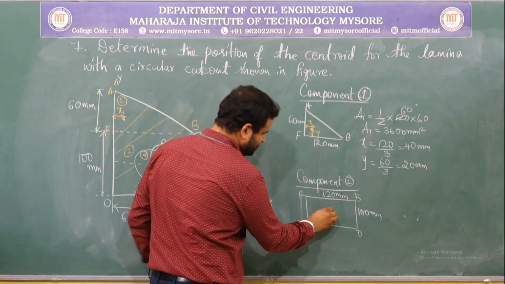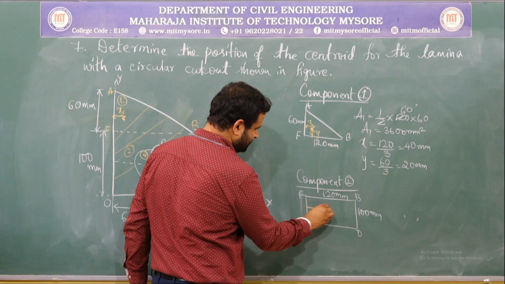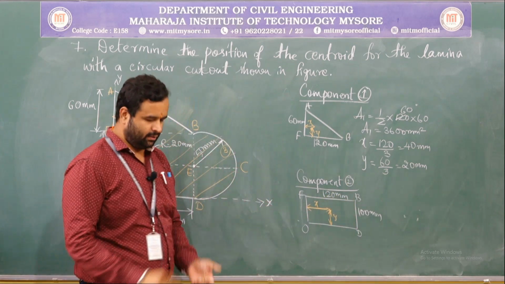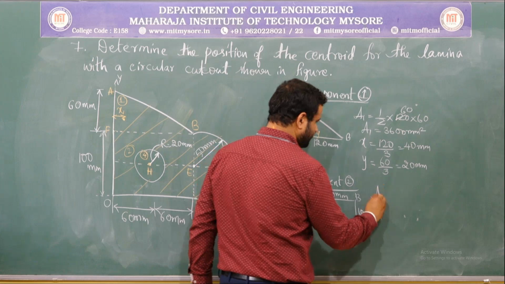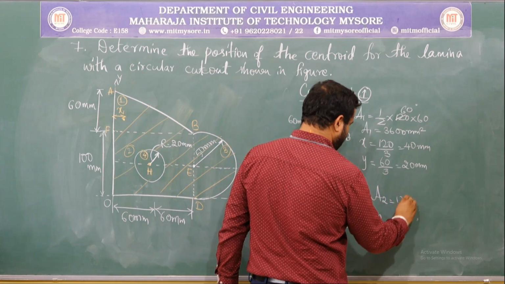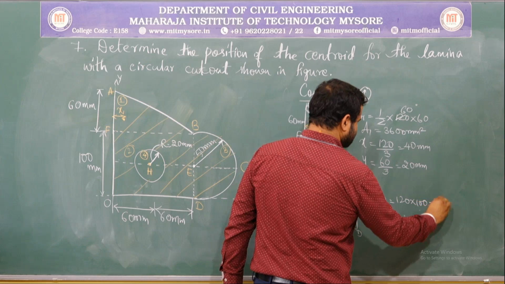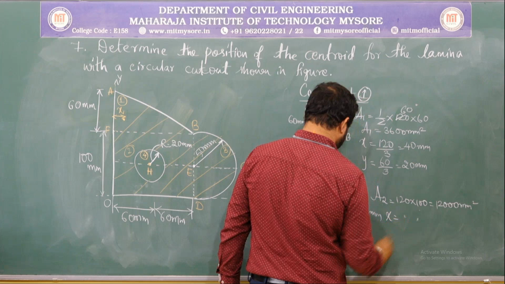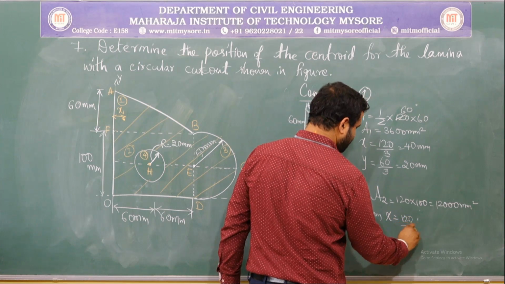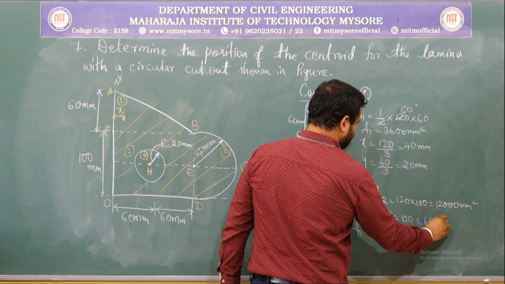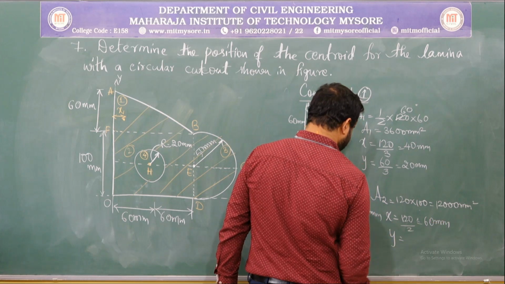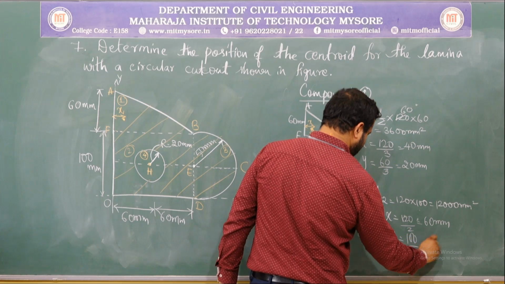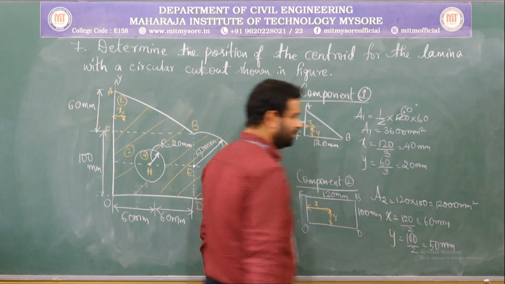So, the centroid of this rectangle lies exactly at center. So, this is the x component of the rectangle, this will be the y component of the rectangle. Now, if you write the area A2, 120 by 100, which is 12,000 mm square, x component is equal to half of 120, 60 mm and y component is equal to 100 by 2, which is equal to 50 mm.